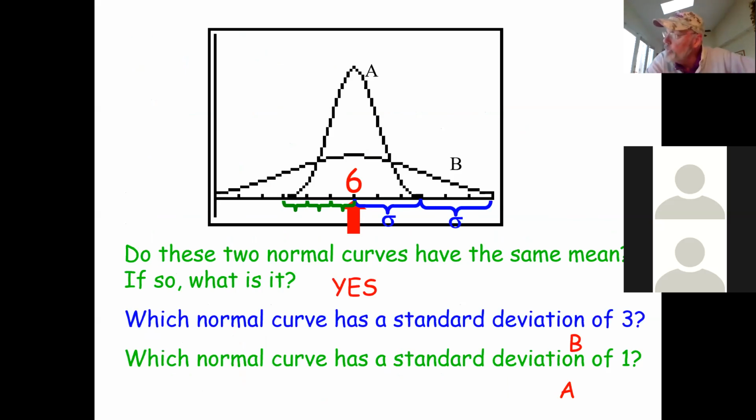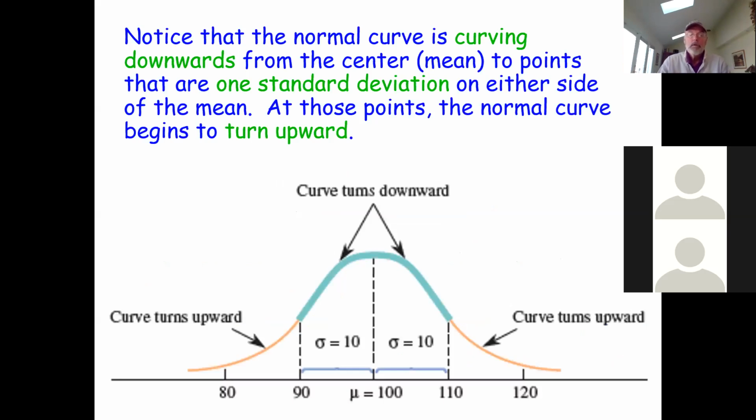Now, I went back to chapter 4, and we did do some work with this, and it might be a little redundant, but we might want to revisit it so that we can apply the area under the curve as a probability. I'll get into this in a little bit. So here we have a bell-shaped curve.